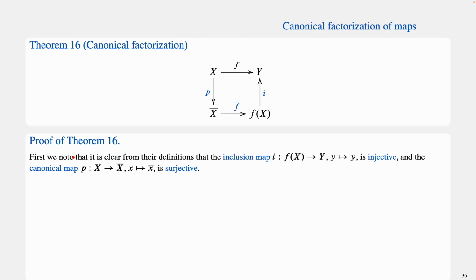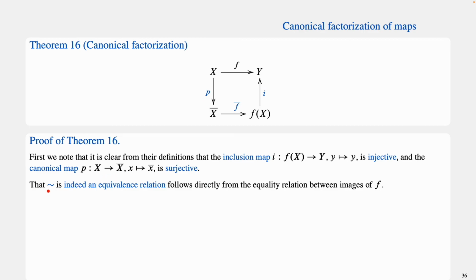Now, from the definitions, it is clear that the inclusion map is injective, so that's not something we need to prove, because it just maps every element to itself, only that we now assume it's in a possibly bigger set. And it's also clear that the canonical map p is surjective because every equivalence class has some element from the original set X that gets mapped to it. So this is clearly surjective.